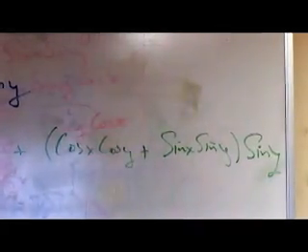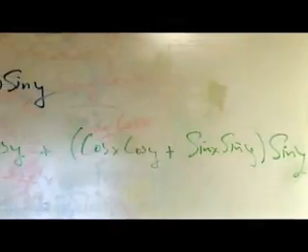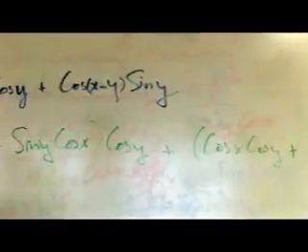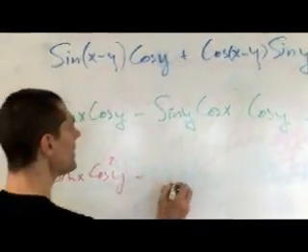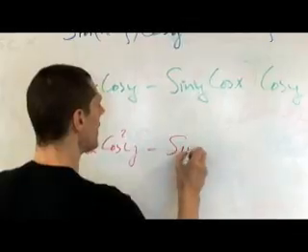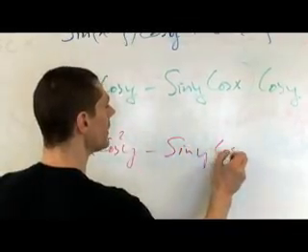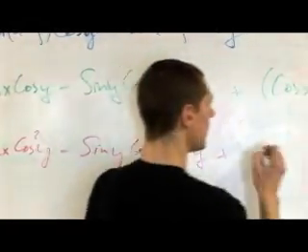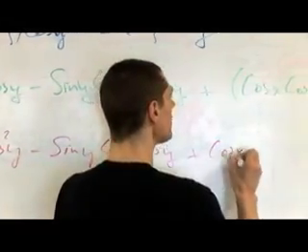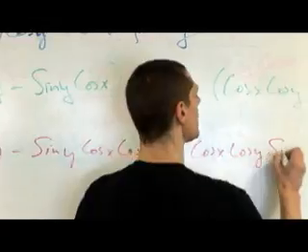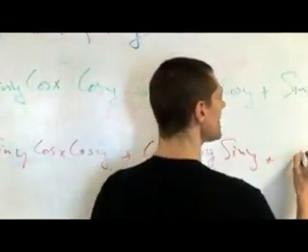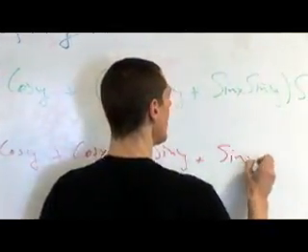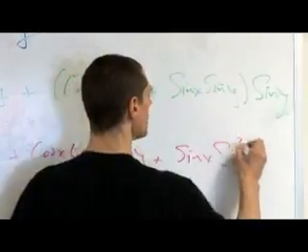What do we got? We distribute through. This is sine x cosine squared y minus sine y cosine x cosine y, plus, distributing, cosine x cosine y sine y plus sine x sine squared y.